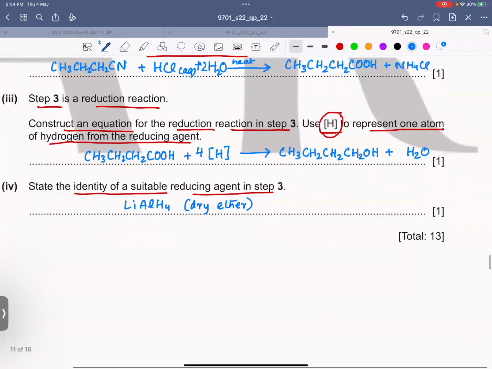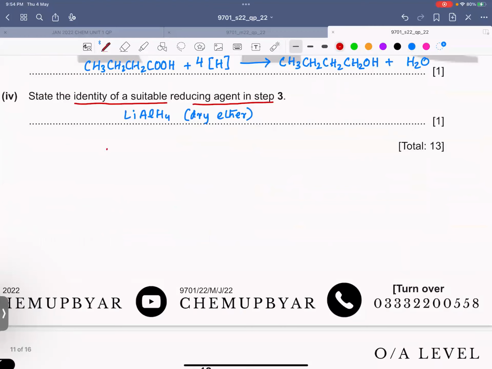Let me remind you, in your AS organic syllabus, there are 2 reducing agents. How many reducing agents are there? 2 reducing agents. One is LiAlH4, that must be used in dry ether, and the other reducing agent is NaBH4.